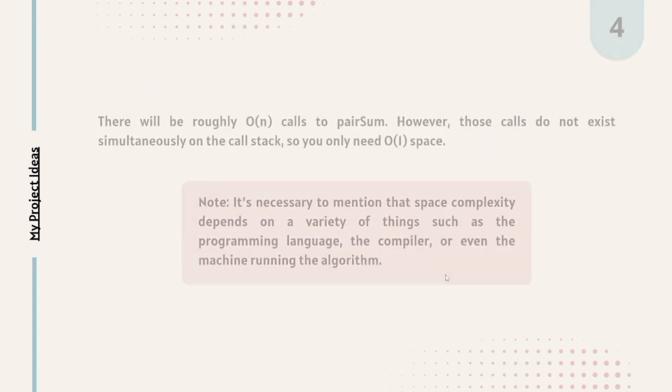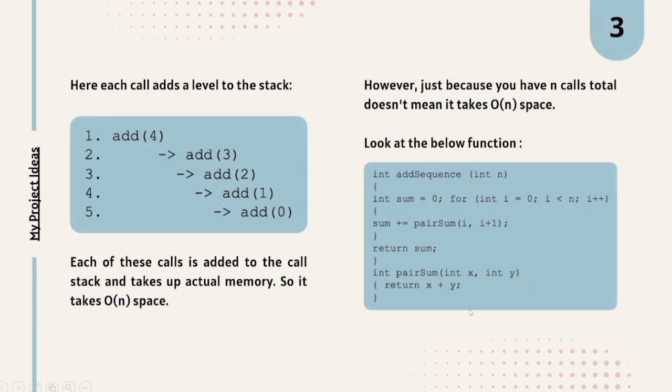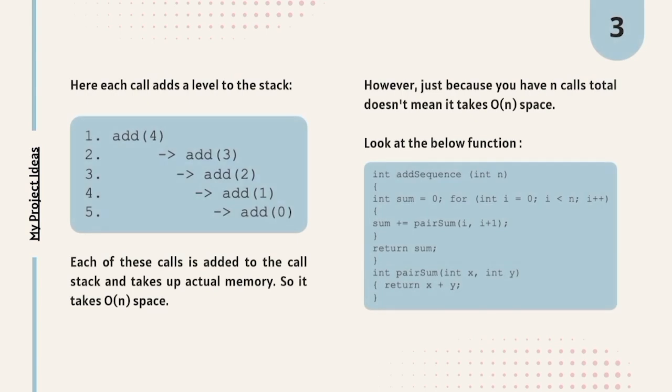So how many calls will be required here? N calls, because this loop runs for n times. So this function will be called n times. But those calls do not exist simultaneously on the call stack, because after one call, you go to the next call. So at a single time, only one call of the function is being executed.